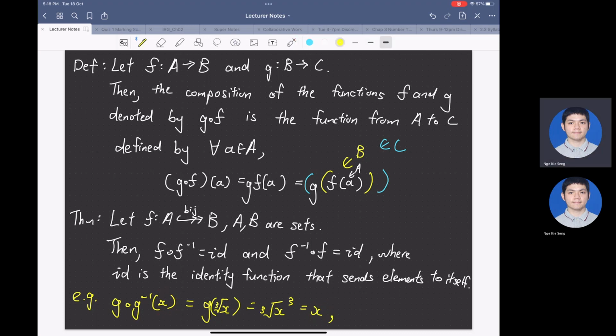So you also need to do the other way around. So what do you have? You have g inverse on x cube, right? And then you do the cube root on x cube, which is x again. Okay. So both ways you send the element to itself, x to x.